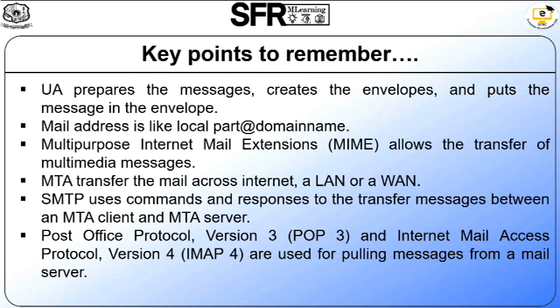SMTP uses commands and responses for the transfer of messages between an MTA client and an MTA server. Post Office Protocol version 3, that is POP3, and Internet Mail Access Protocol version 4, IMAP4, are used for pulling messages from the mail server.